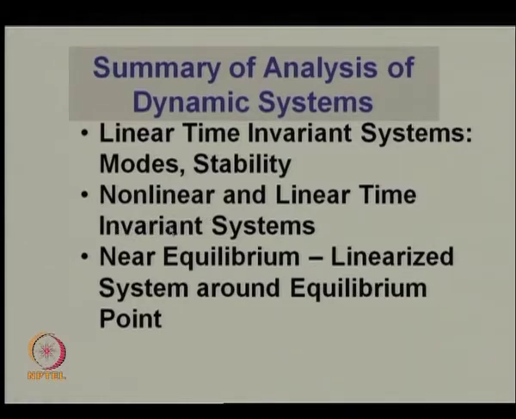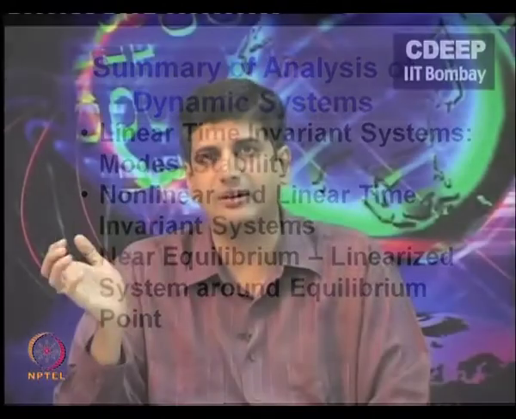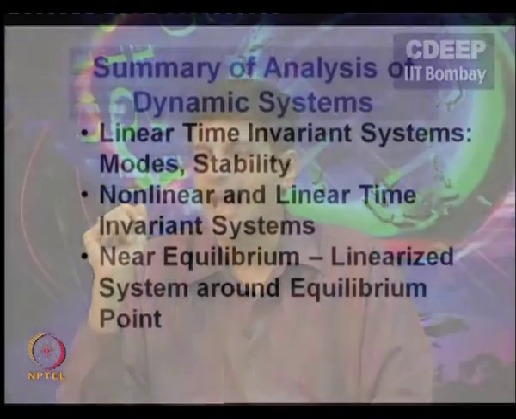Nonlinear and linear time variant systems are difficult to analyze. Unfortunately, the only tool left with us when we are trying to analyze nonlinear systems in general is numerical integration. There are of course some specialized techniques which approximate the behavior of nonlinear systems, but most of the time we will be using numerical integration to analyze nonlinear systems.